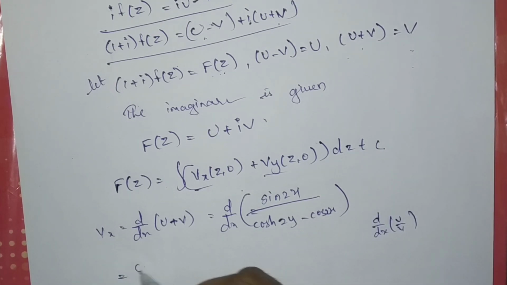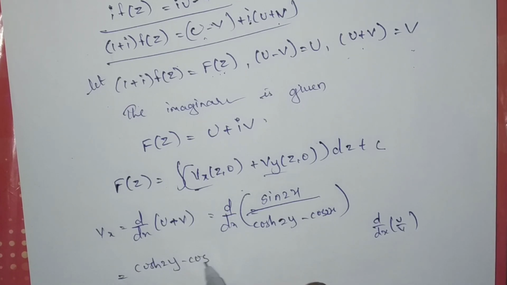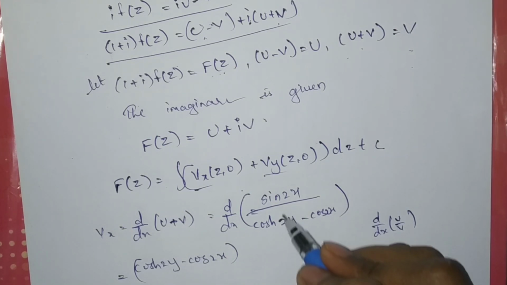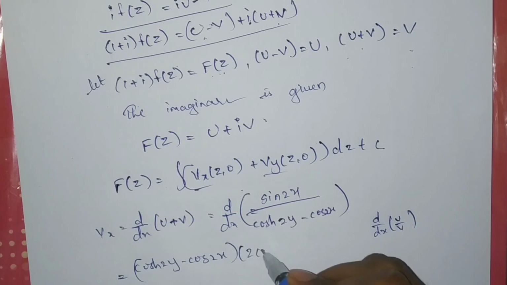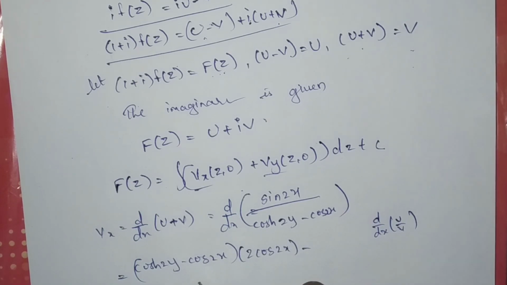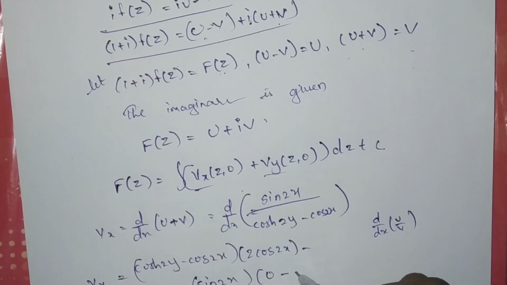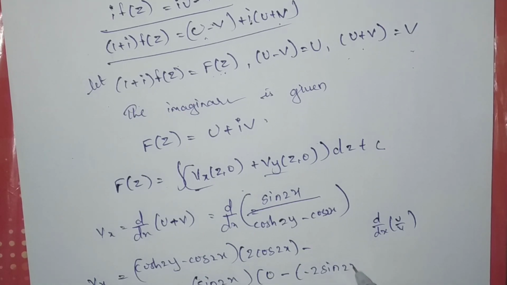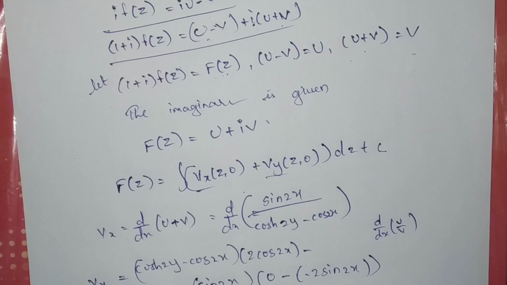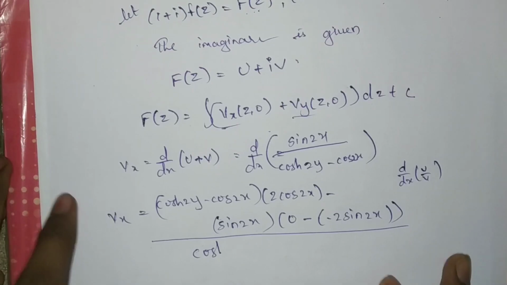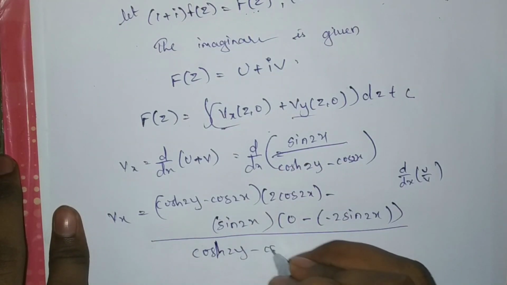If we simplify, it is (cosh 2y − cos 2x) into the derivative of sin 2x, which is 2 cos 2x, minus sin 2x into the derivative of the denominator. y is a constant here, so its value is 0, and the derivative of −cos 2x is 2 sin 2x, so minus 2 sin 2x, all by (cosh 2y − cos 2x) whole square.